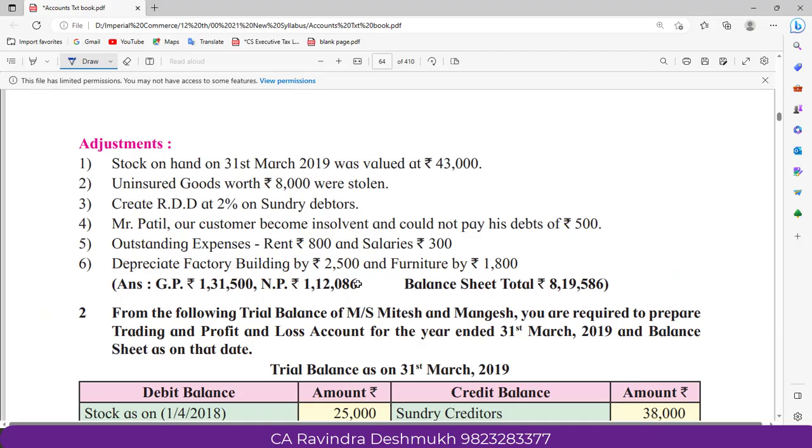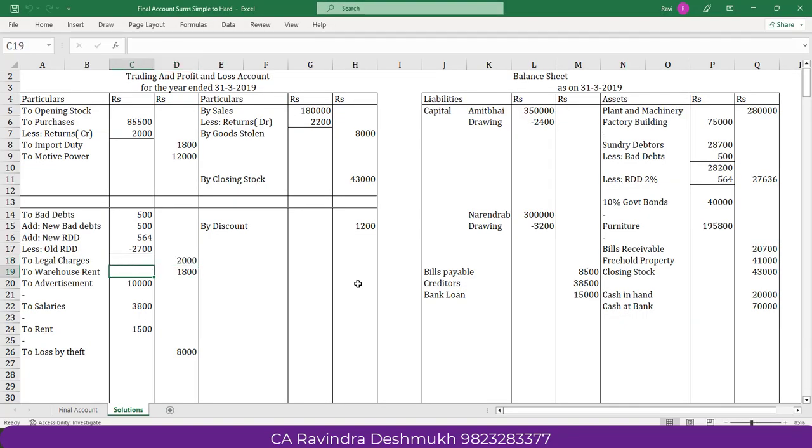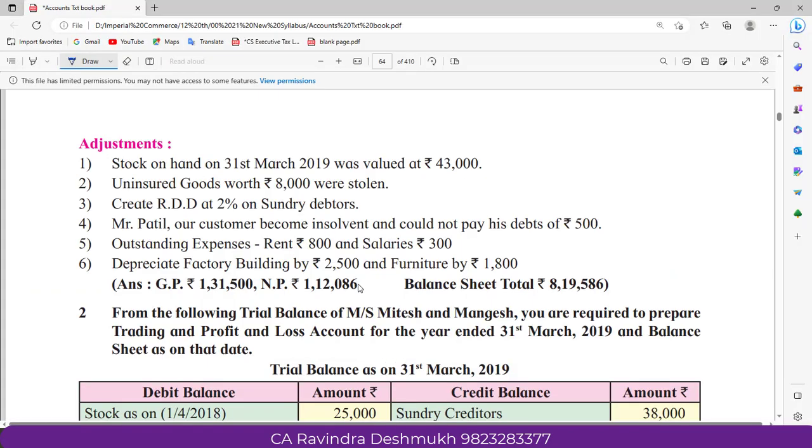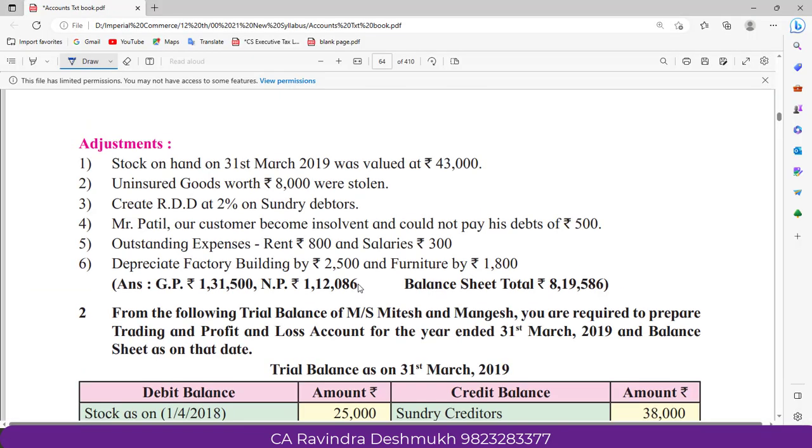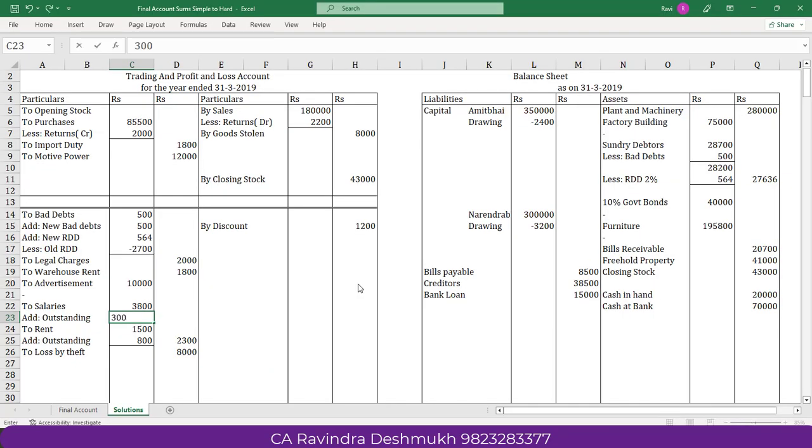Well, now coming to the next adjustment: outstanding expenses, rent and salaries, 800 and 300. So what do we do for outstanding? We add it. Outstanding rent is 800, so once it is added, and outstanding salaries is 300, so it has been added.